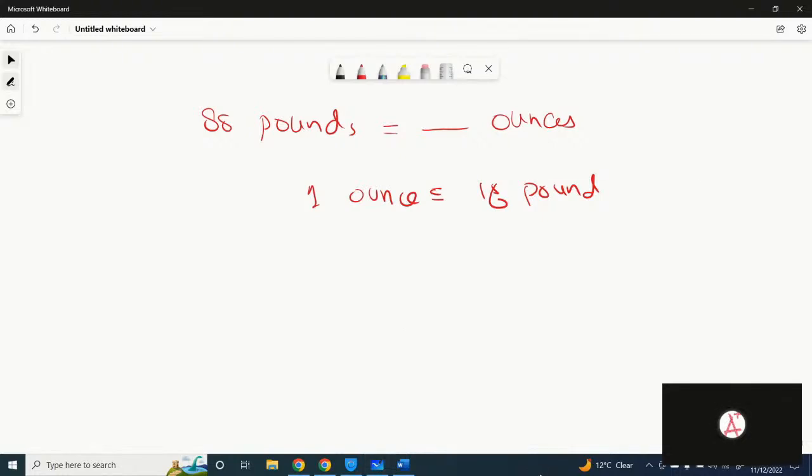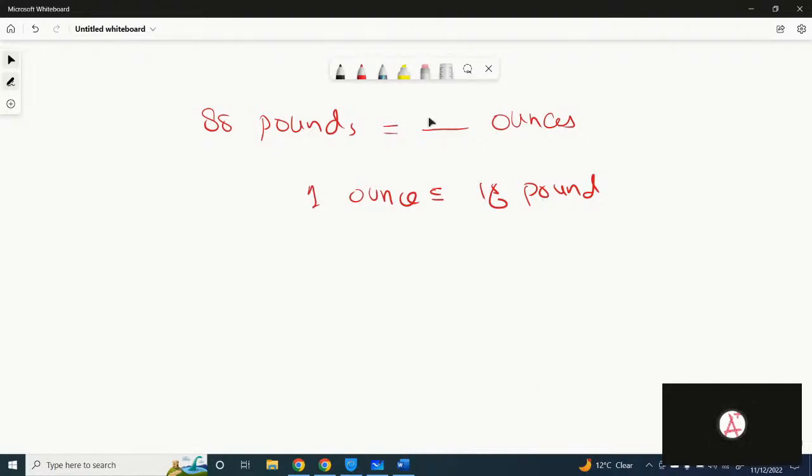Pound is a larger unit than the ounce. Let me check. Yes, 1 pound equals 16 ounces.